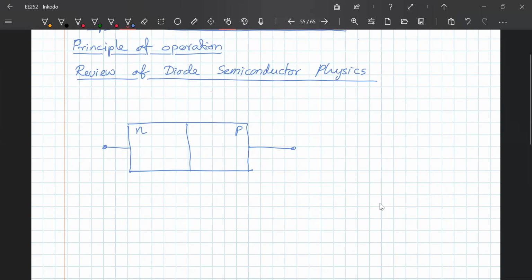Okay. So N-type and P-type semiconductors are conductors because of the availability of charge carriers. These charge carriers are either electrons in the case of N-type material, or holes in the case of P-type material, right?